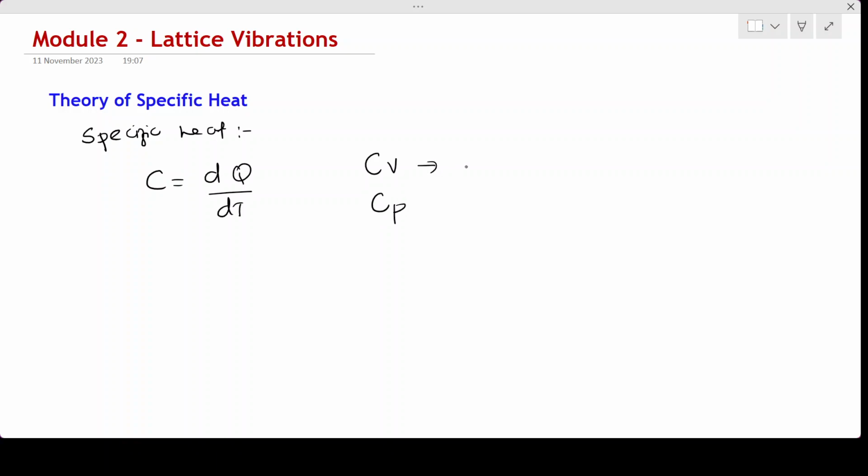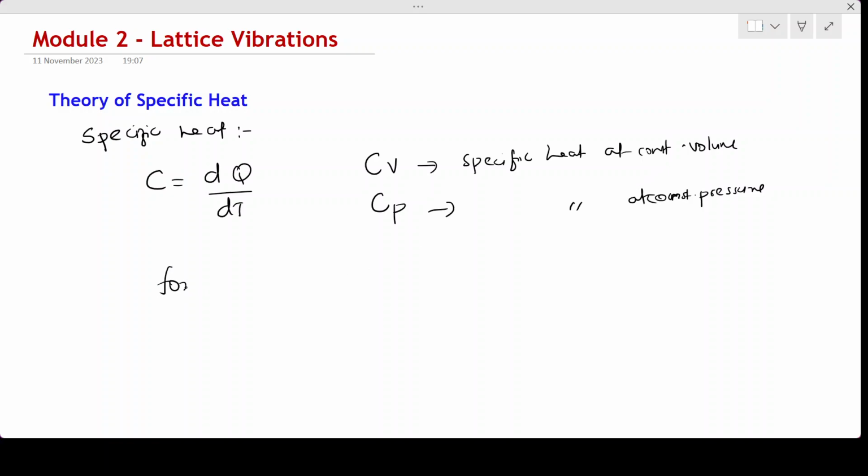Cv means specific heat at constant volume, and Cp is specific heat at constant pressure.